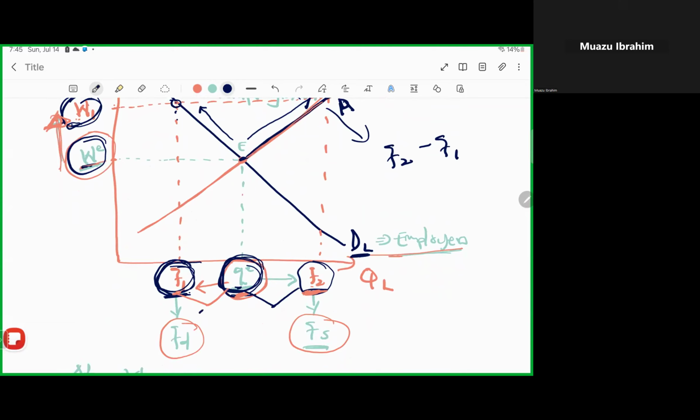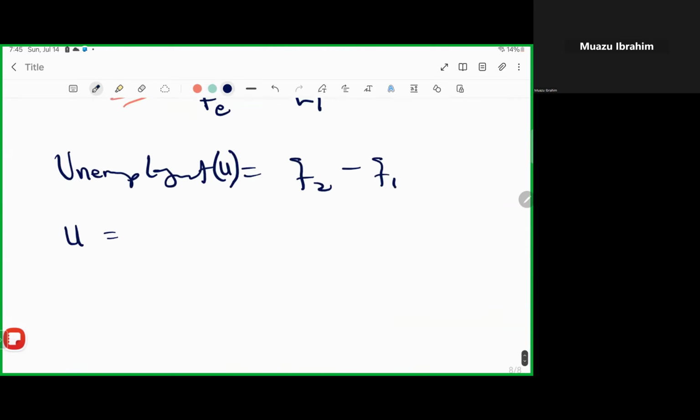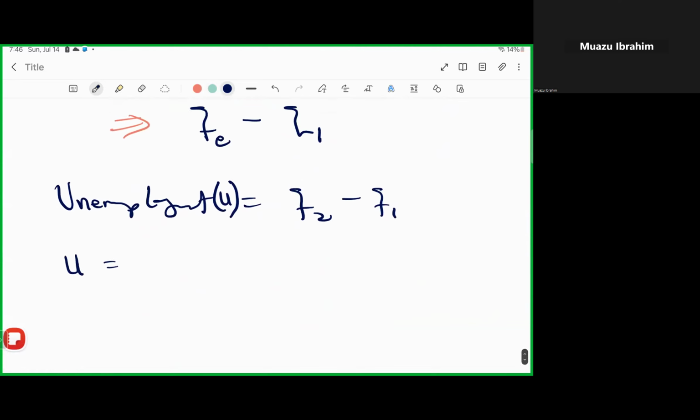So this side denotes those that are sacked, and this side denotes the new job seekers.